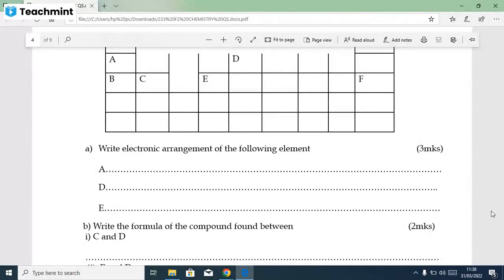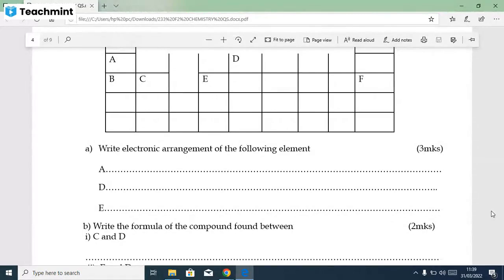So for C you write 2 below it, then for D you write 4 below it. Let them interchange, so you get C4D2. But 4 and 2 are multiples, so it will be C2D1. There is no need to write 1, so it is C2D.